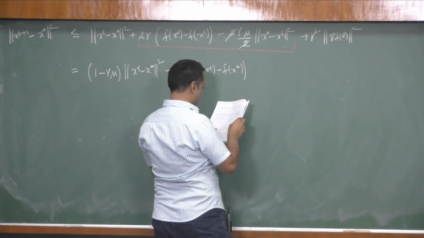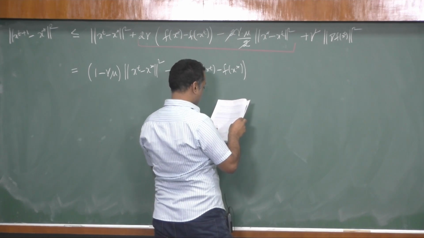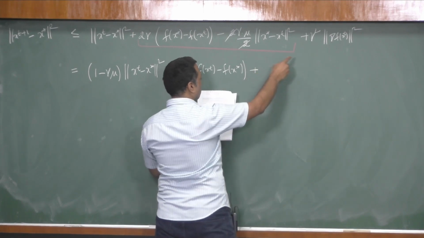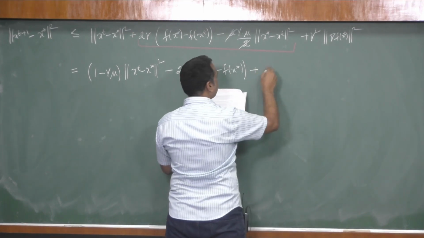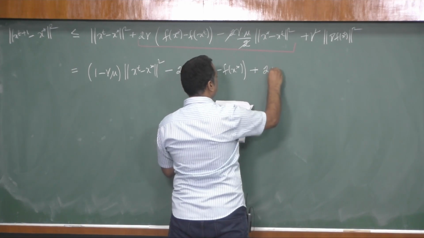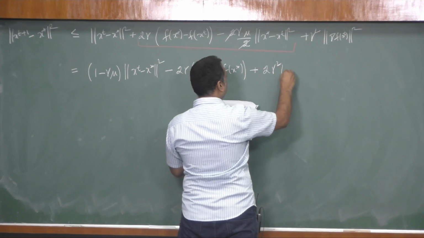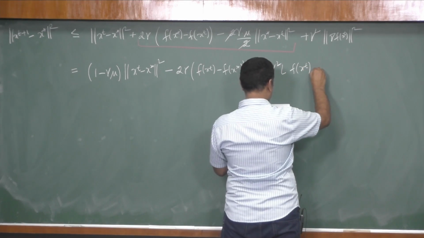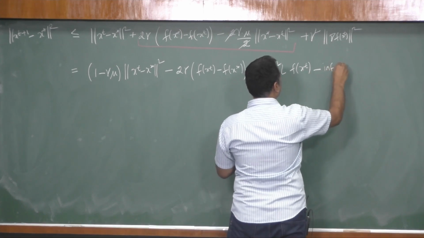So I will write this and then cite that lemma. So this will become 2 gamma squared L f(xt) minus infimum of f.